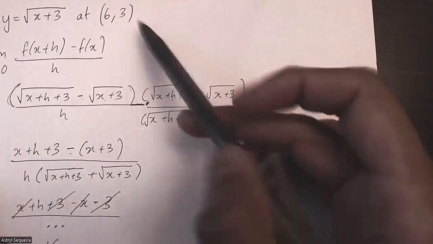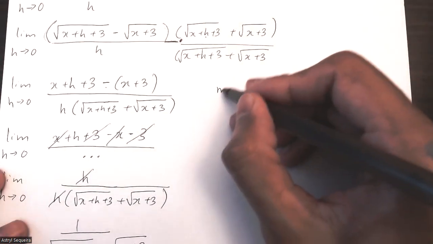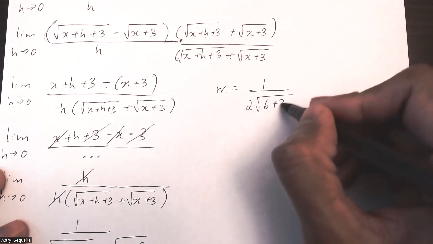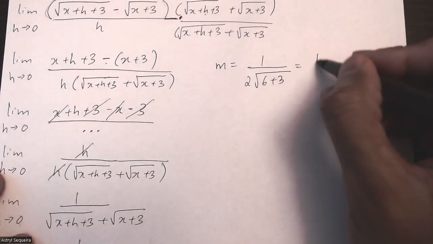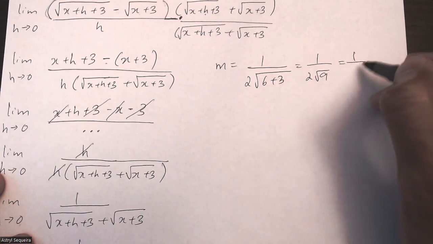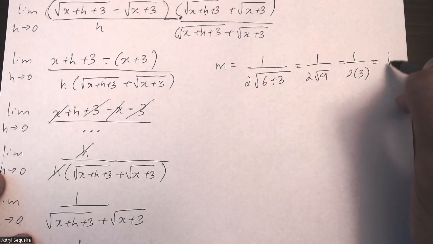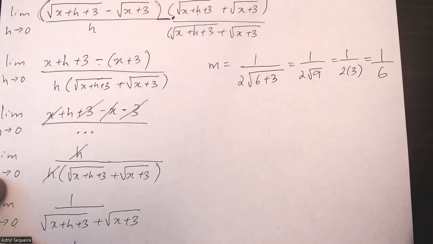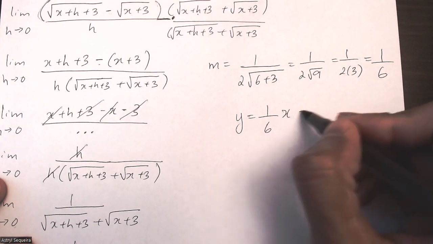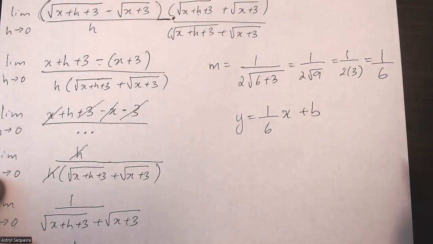Now I'll find it for the actual point over here, which is (6, 3). So my slope is 1 over 2 times root of 6 plus 3, which is 1 over 2 times root of 9, which is just 1 over 2 times 3, which is 1 over 6. My equation is y equals 1 over 6 x plus b.